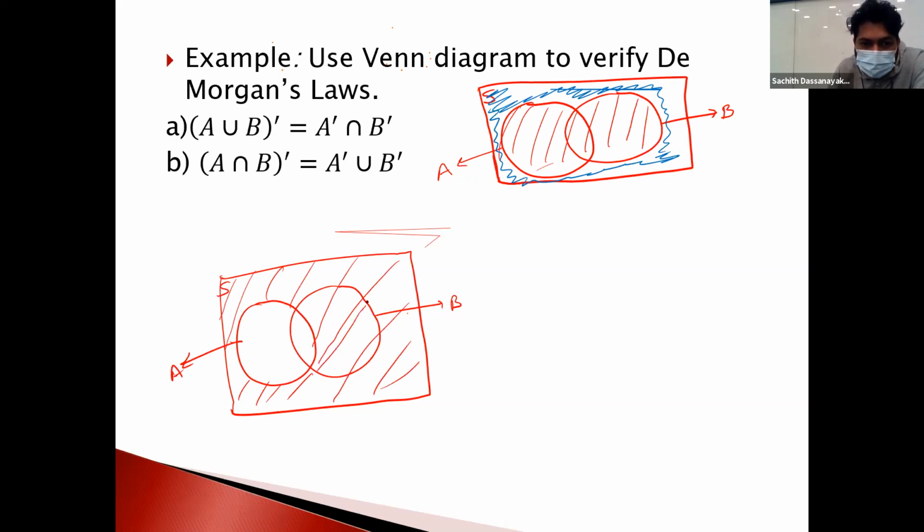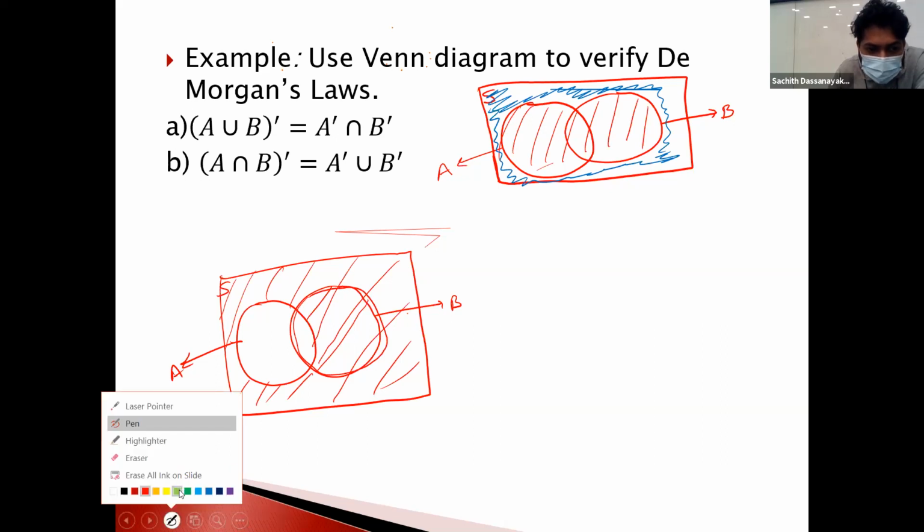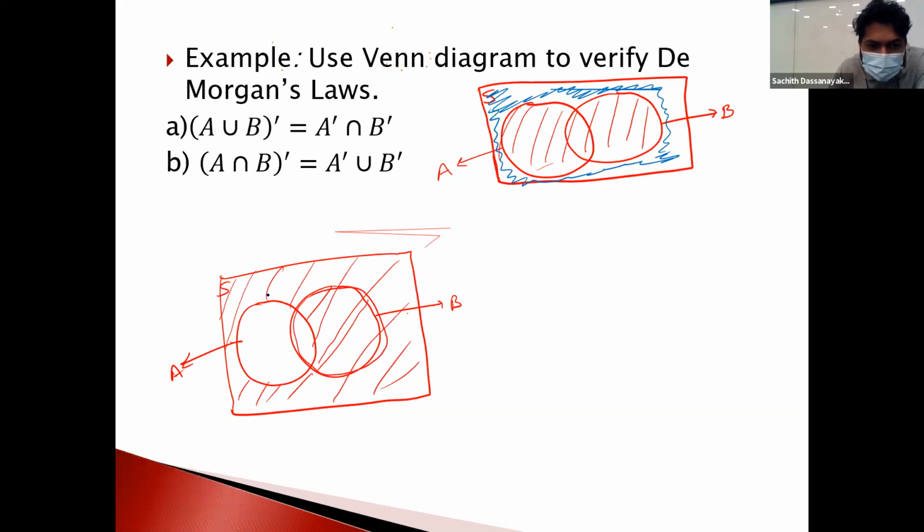Including this. Okay, A complement. And what is the B complement? B complement means whatever except this area. I'll use another color. Sorry for my drawing. So this is the B complement.